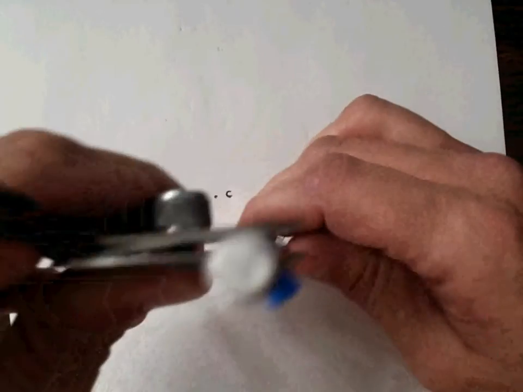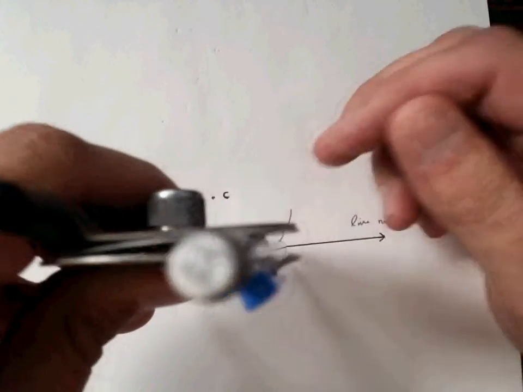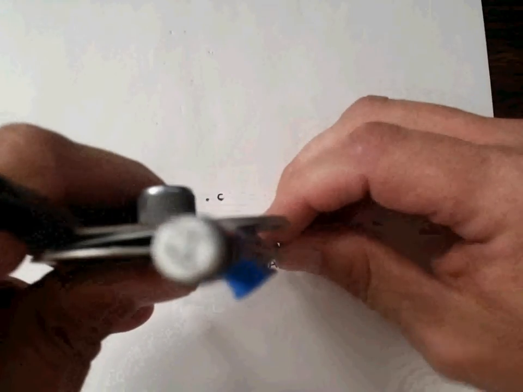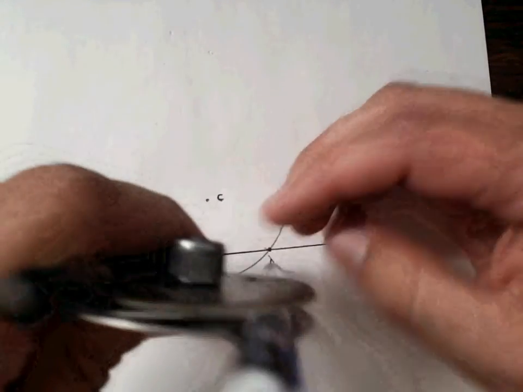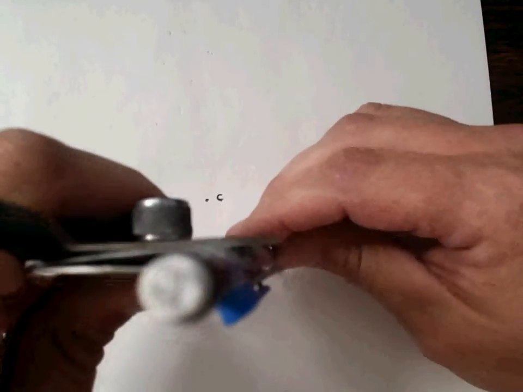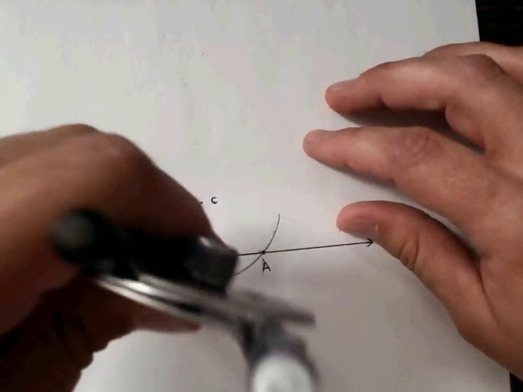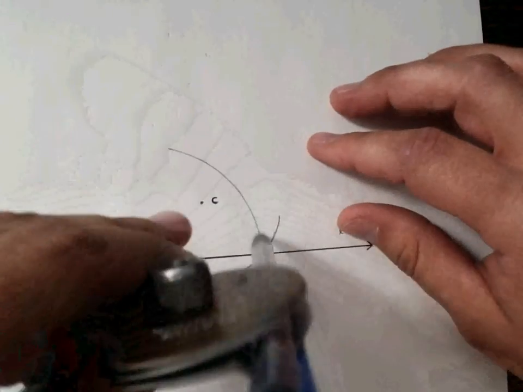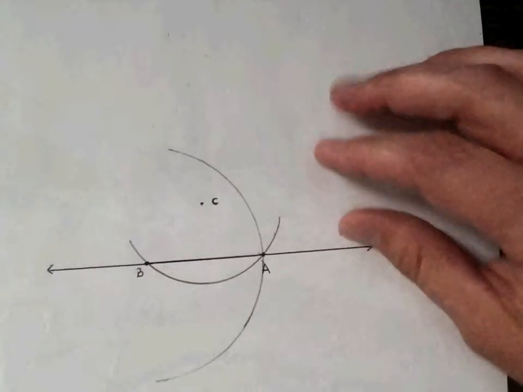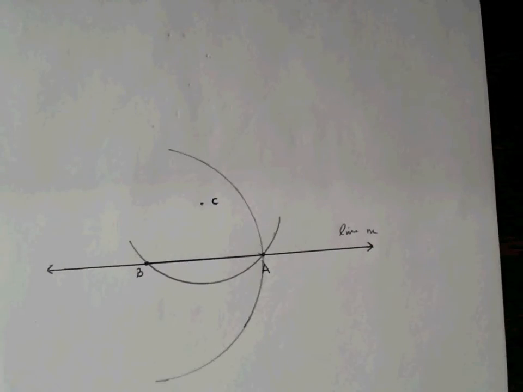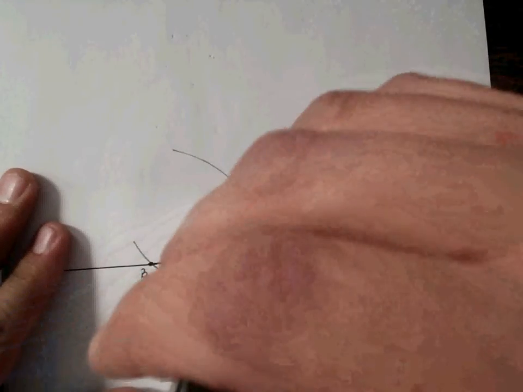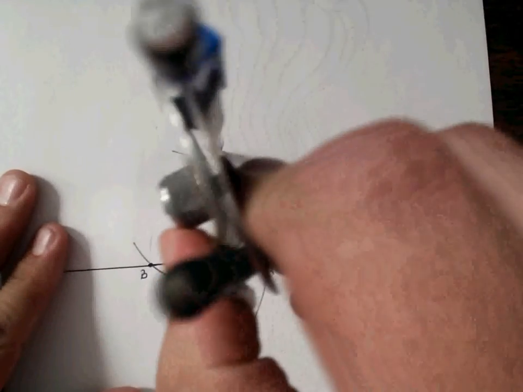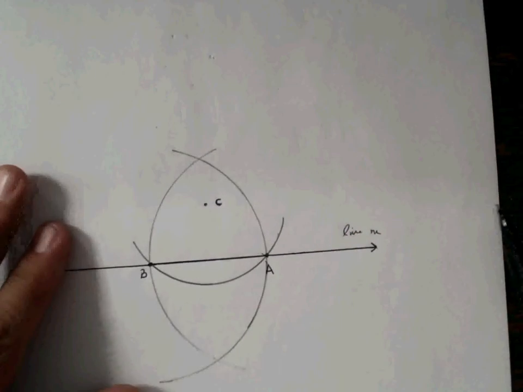Radius of this one. Ugh, don't go back on me. So C was just a distraction. No, C is where the problem told me I had to draw it through. So C is important. I just didn't have the line segment. So C is the specific part. And so now I do it to the other side. Like that.